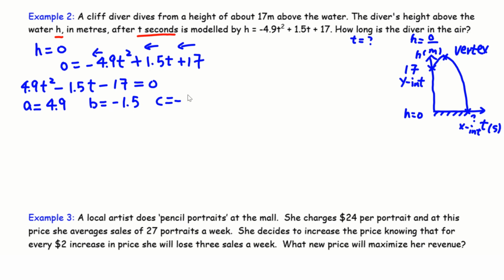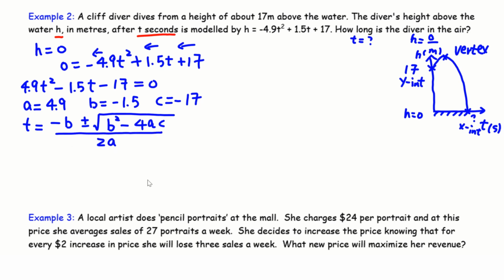C is the constant term. Then use the quadratic formula, negative b plus or minus the square root of b squared minus 4ac, all over 2a. The important thing for this equation is subbing in h equals 0. After that, it just uses the quadratic formula and substitution.